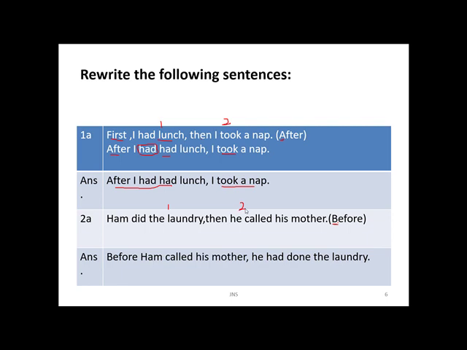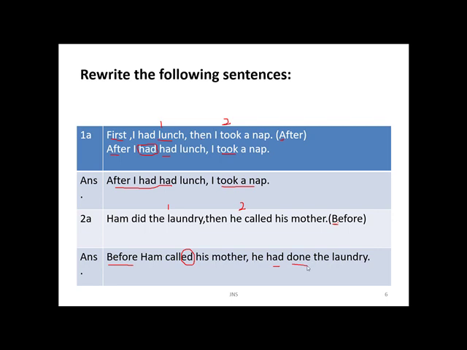As we previously mentioned, "before" is followed by the second action. Put "before" in the beginning of the sentence, followed by the second action. Ham called his mother, and here, because it's in the past simple, I used "ed". He had done the laundry. I used "had" with the past participle because this is the past perfect.